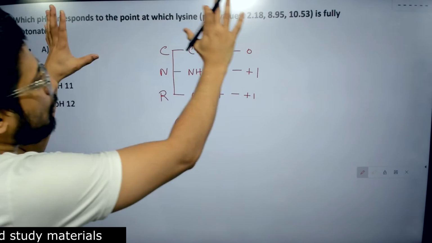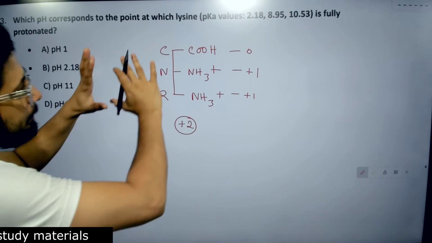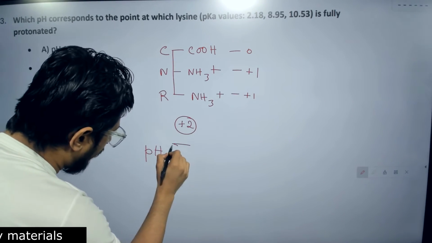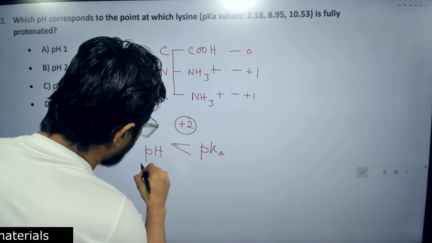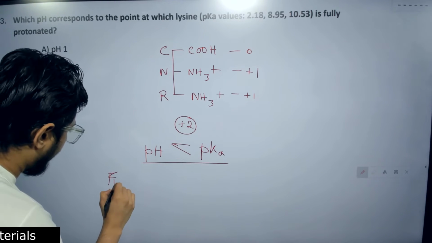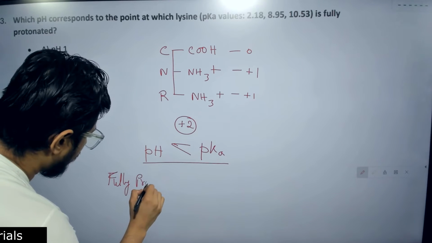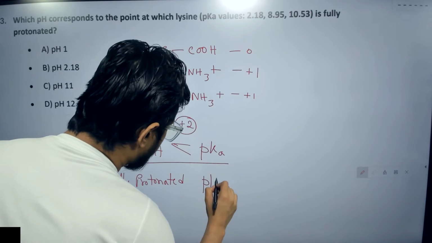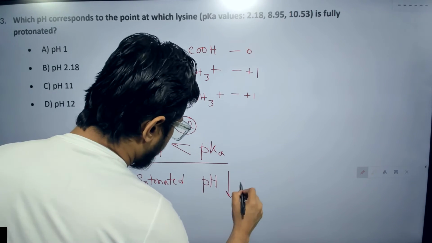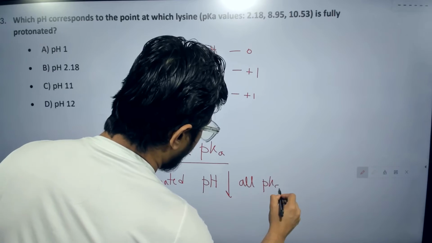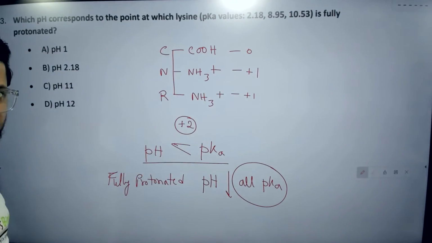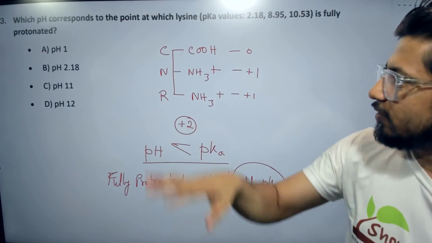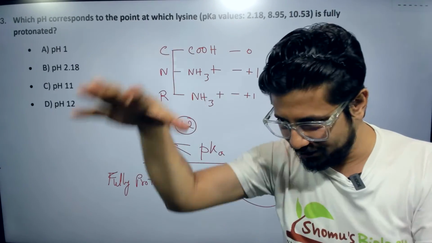So this is the fully protonated version of lysine, and fully protonated version is only possible when the pH is lower than pKa. So to become fully protonated, the pH must be lower than all the pKa's that are out there. अगर pH की वैल्यू सारे जो pK हैं उससे नीचे है, remember, drop the phone.